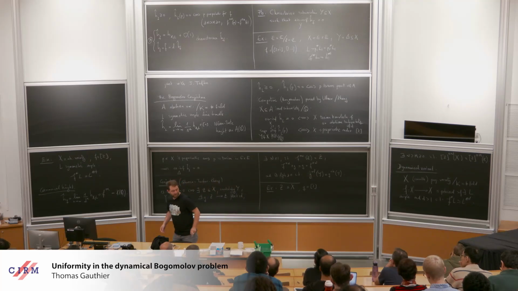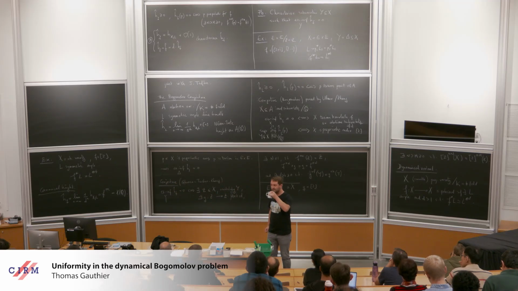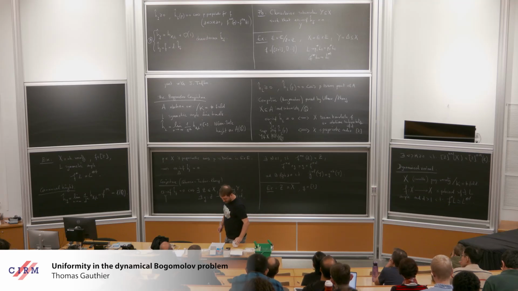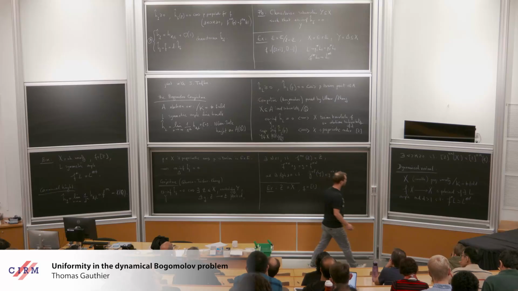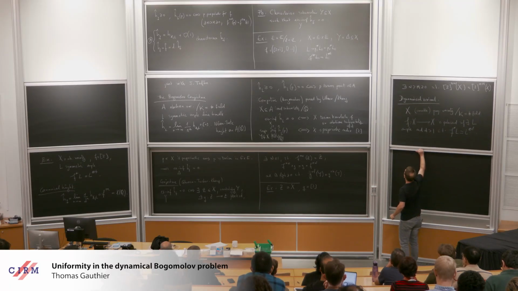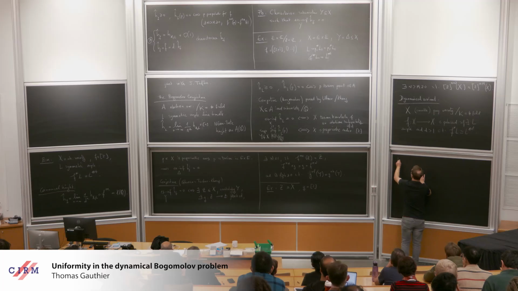Okay. So apart from the situation where you have an abelian variety, what is known about this conjecture? Not much. So what are the known cases? The first case which has been investigated is the following.